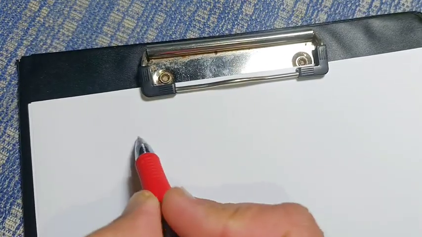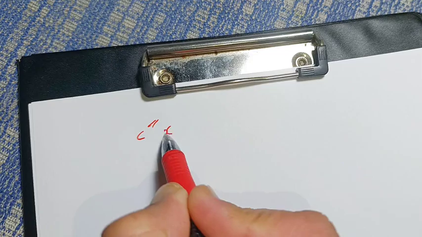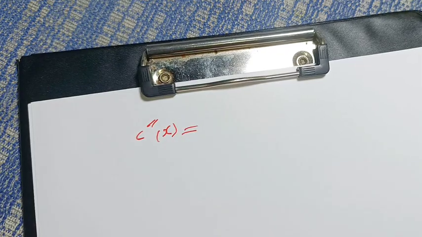Now to verify the minimum cost, which is optional but good practice, we can use the second derivative test to confirm it's a minimum value. So I'm going to take the second derivative, differentiating with respect to x.